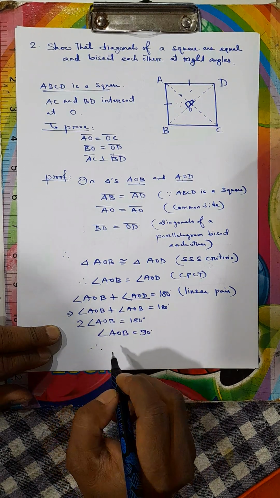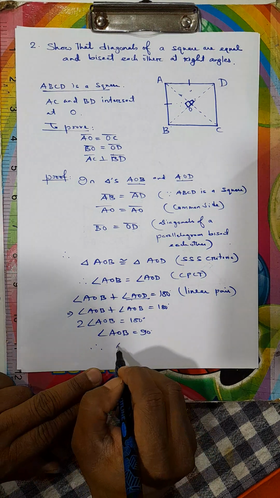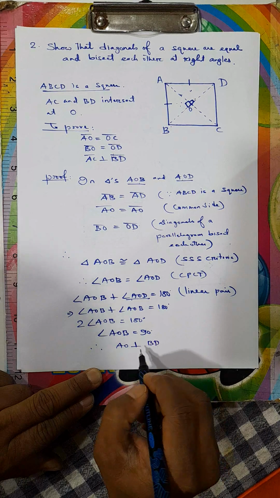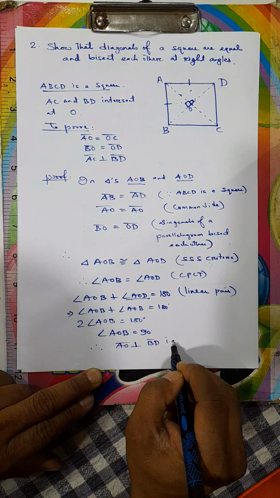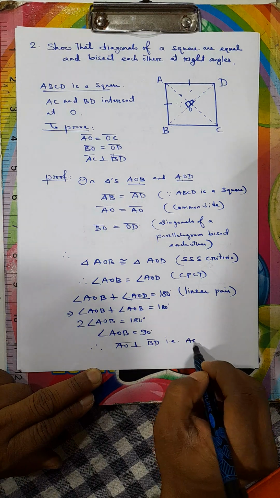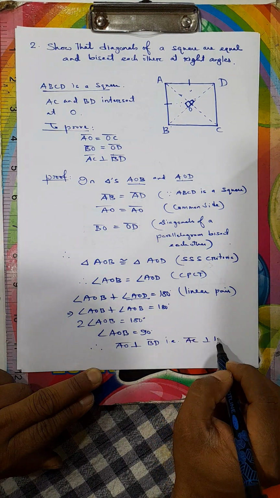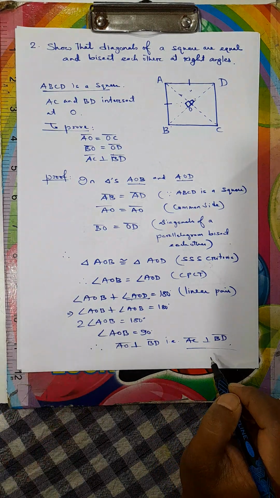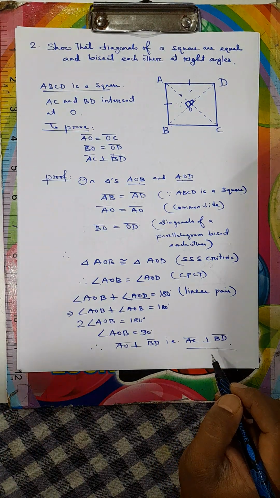Therefore, if AOB is 90 degrees, that means AO is perpendicular to BD, right? That is, if AO is perpendicular to BD, that is AC perpendicular to BD, right? So this has to be proved. That means diagonals bisect each other at right angles.